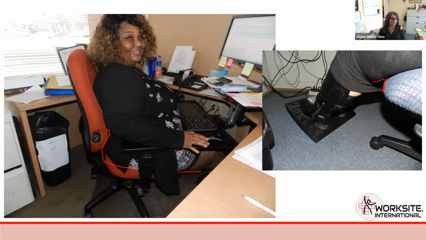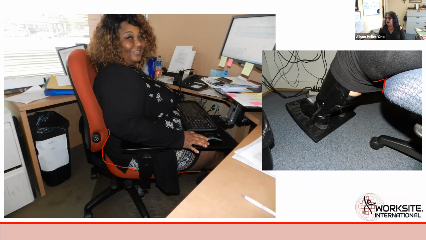So I feel that the footrest can be very helpful when you've got somebody that has some significant lower extremity swelling, or they might have some knee pain, or there's some obesity.